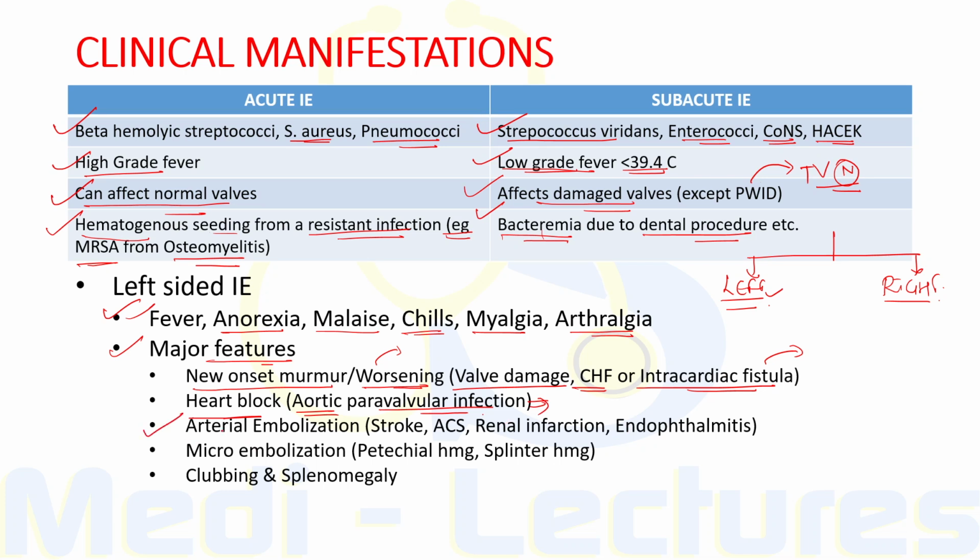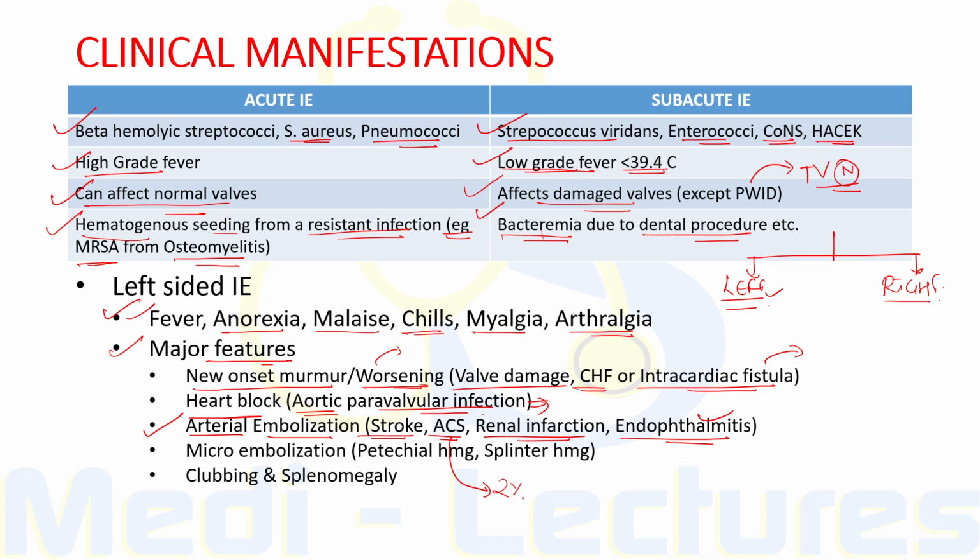There can be features of arterial embolization, like the patient can present with stroke, both ischemic as well as hemorrhagic. If coronary arteries are blocked, the patient can land up in acute coronary syndrome, which is seen in about 2% of the patients. If renal arteries are embolized, then it will lead to renal infarction, as well as the ophthalmic artery can be involved, leading to endophthalmitis.